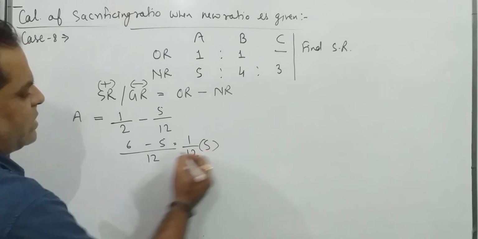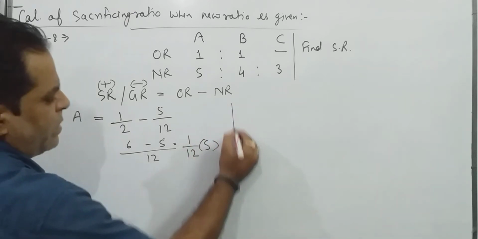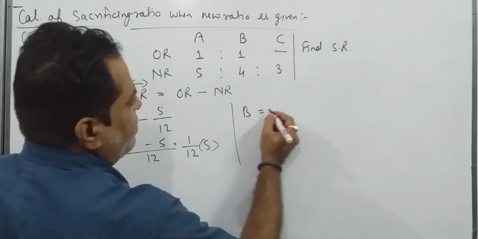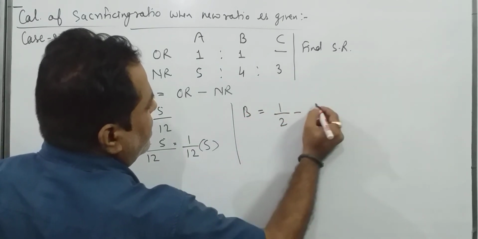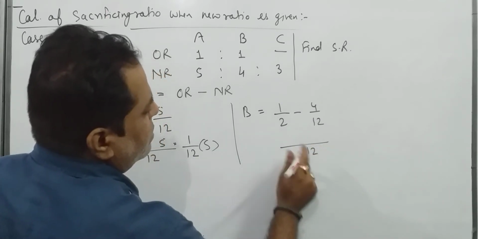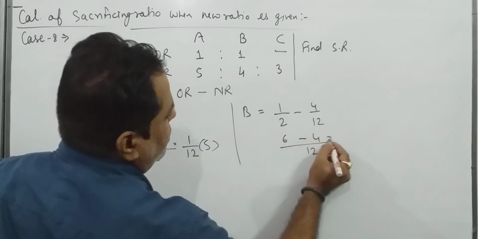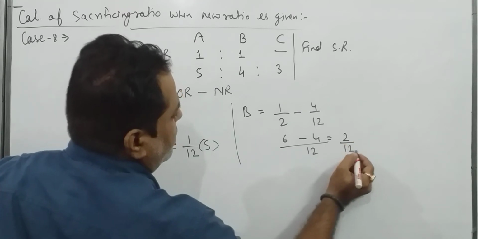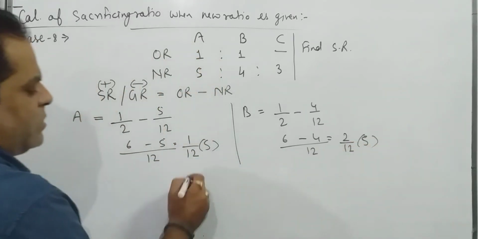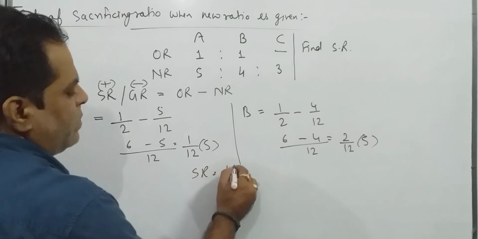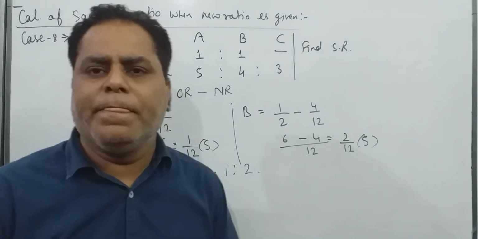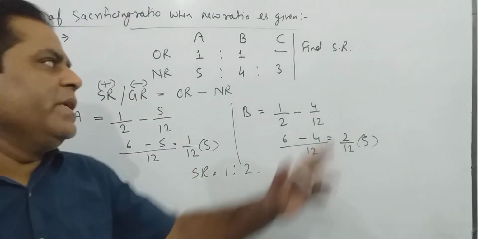This is the sacrificing ratio of A. Sacrificing part of A. Now B. 1/2 minus 4/12. 6/12 minus 4/12 is 2/12. The denominator is equal. B is also sacrificing. Sacrificing ratio is 1:2.